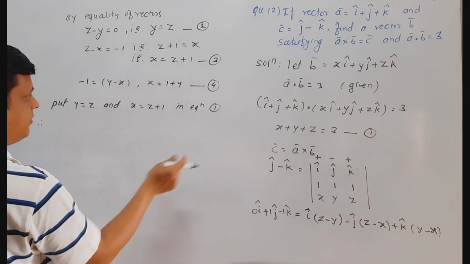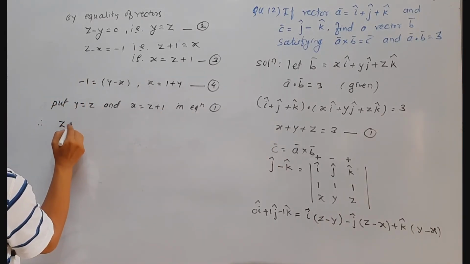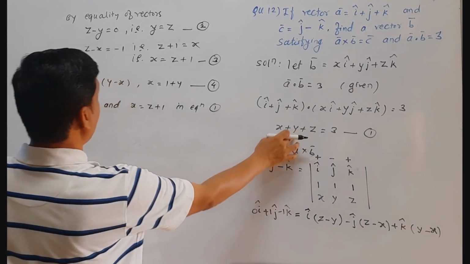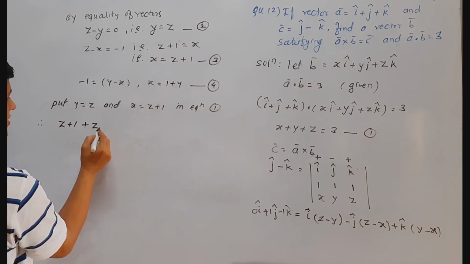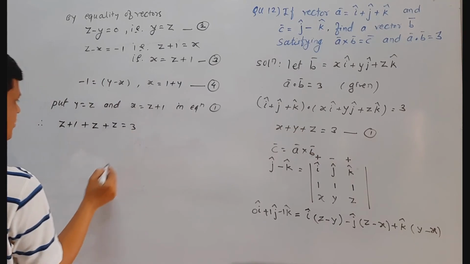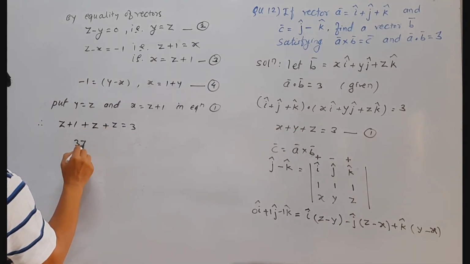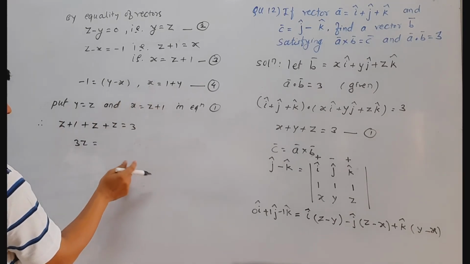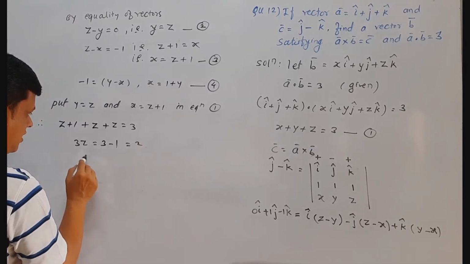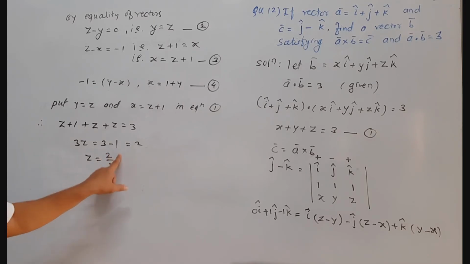Therefore equation 1 becomes, in place of x we replace z plus 1, so we write z plus 1 plus y. In place of y we replace z, plus this z as it is, equal to 3. Now add the terms of z plus z plus z, that is 3 times z is equal to, after transferring this 1 to the right hand side, 3 minus 1, which is equal to 2. That means z is equal to 2 by 3.